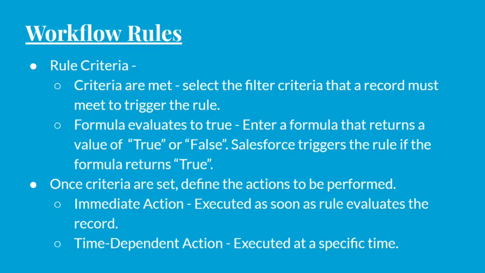The first one is if the criteria are met, and the second one is formula evaluates to true. Here you can basically give an expression or make a formula so that based on that formula's return value, whether it is true or false, Salesforce will trigger the rule only if the formula returns true.